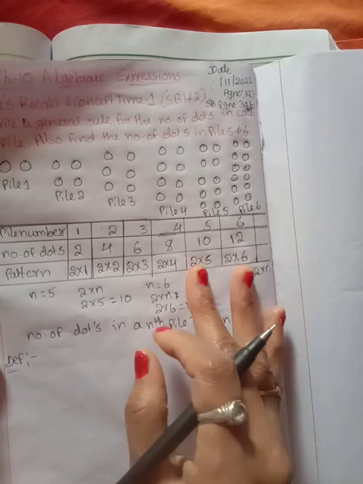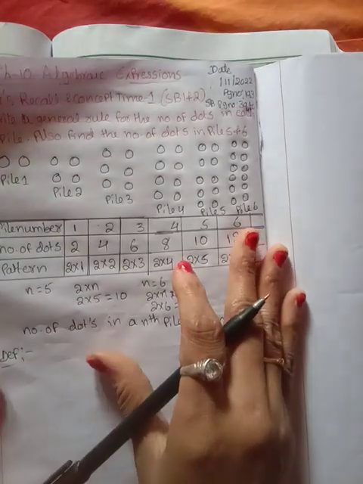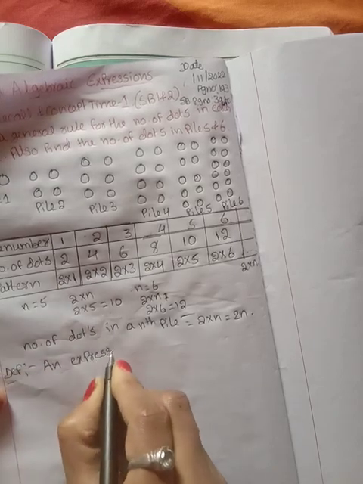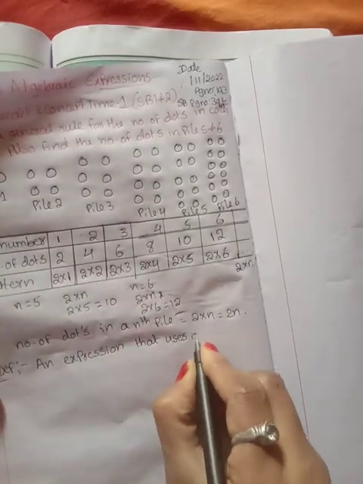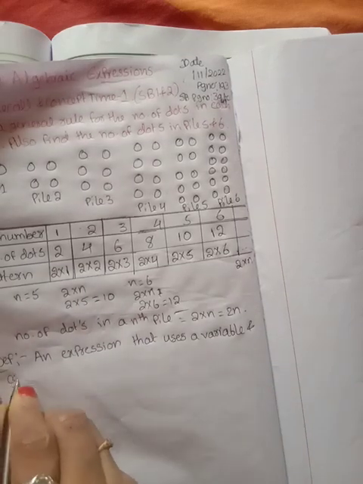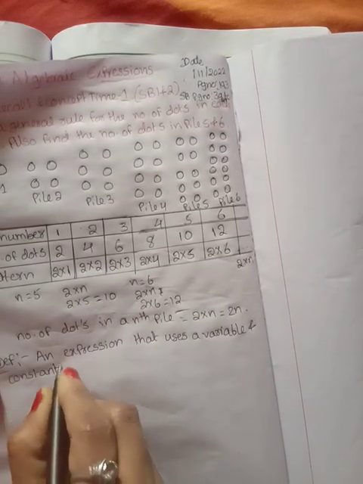An expression that uses variables and constants to represent a pattern is known as an algebraic expression.